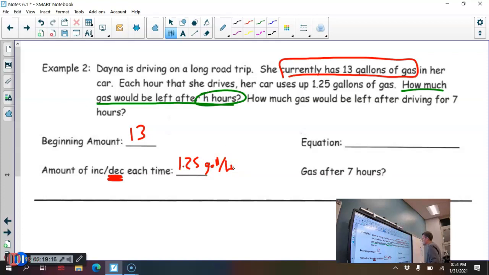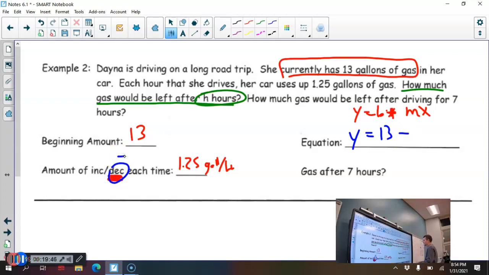All right, so my equation would be, I'm going to use my same formula here, b plus mx. My beginning amount is 13. Now, I'm not adding to my beginning amount this time. I'm subtracting because it's going down. So when it's decreasing, you're going to want to subtract.